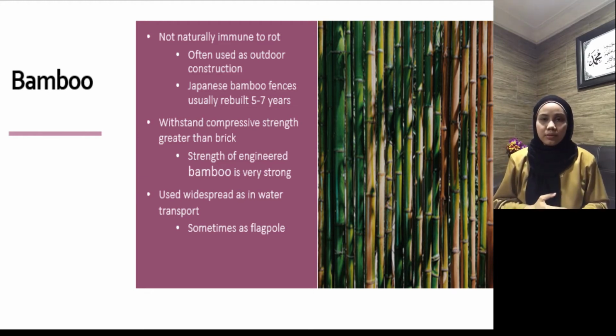This bamboo wood is also said to be like a Japanese bamboo fence, which can be renewed for up to 5 to 7 years. Next, bamboo can also withstand a compressive strength greater than brick.